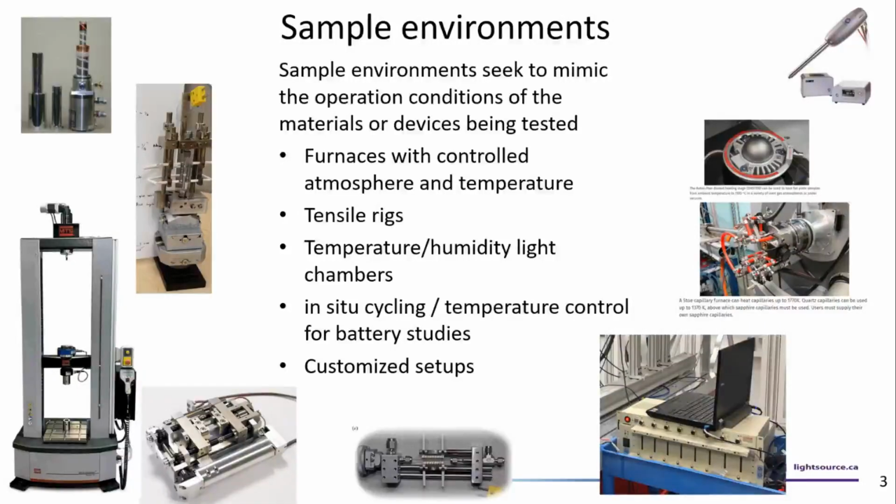To control these parameters, say temperature, we have 4 different furnaces. This is our battery cycler for the battery experiments. We have many users coming, and we plug this in and cycle the battery back and forth. Well, that's another furnace we have.